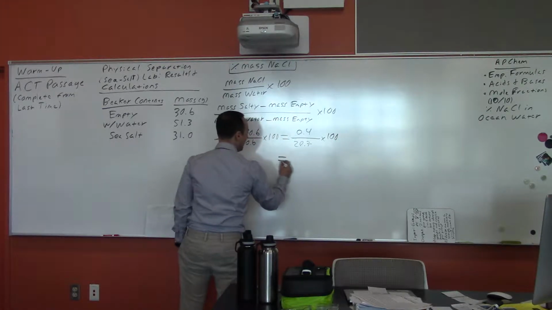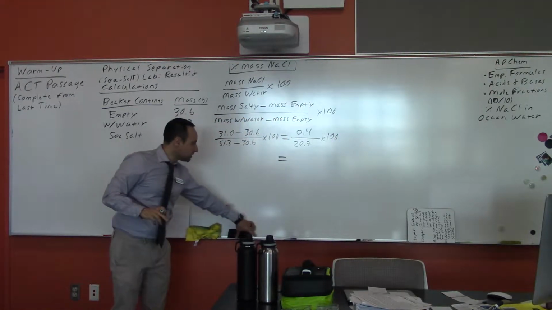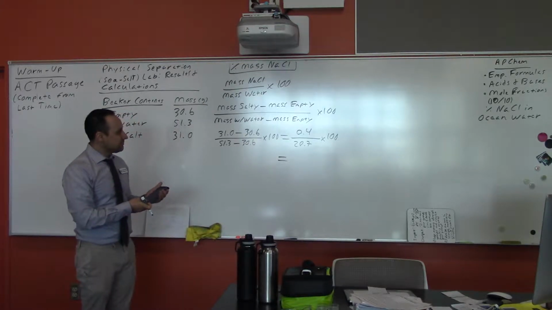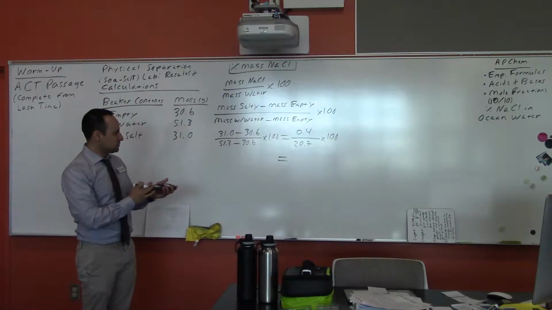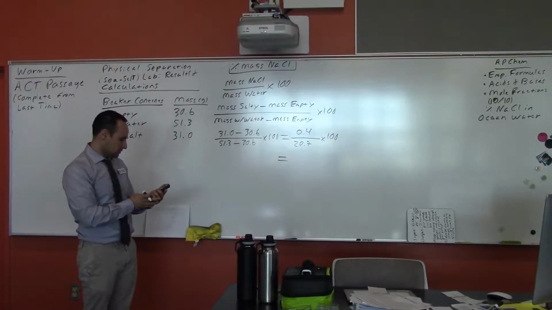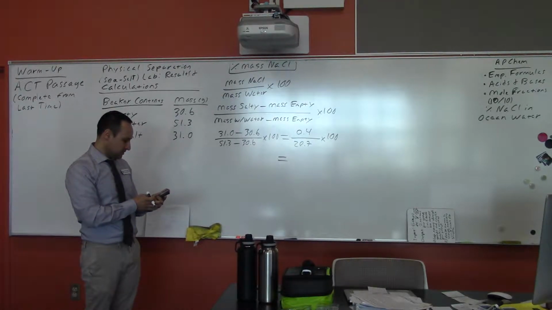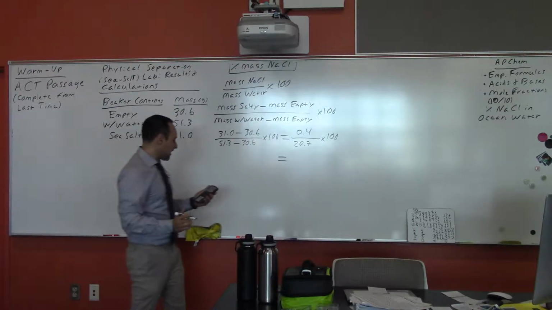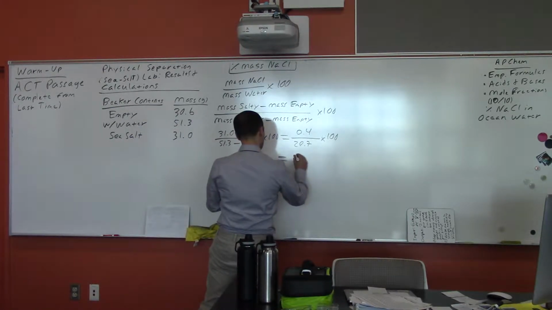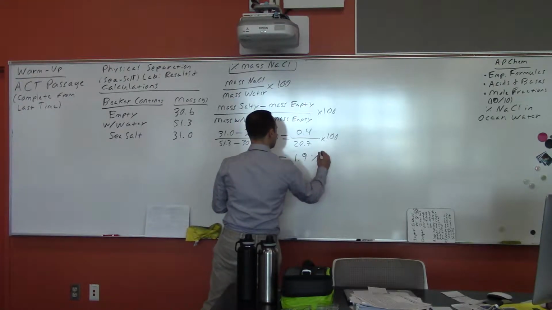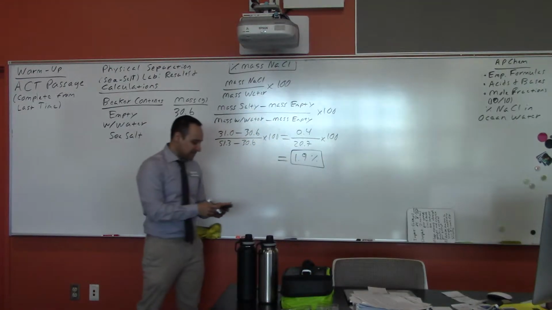And that's all going to come out to, use my trusty calculator here, about 2%. A little bit under. So 0.4 divided by 20.7. You get, yeah, 1.9%.